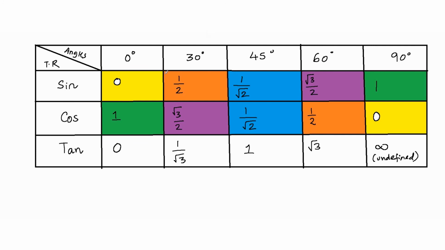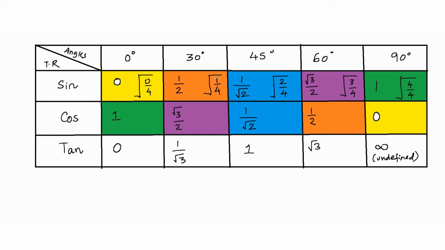So now, is there a way to remember sine and cos? Of course there is. There is a very nice technique that you can use. Imagine that you have square root of 0 by 4, square root of 1 by 4, square root of 2 by 4, square root of 3 by 4, and square root of 4 by 4. 0 by 4 is 0 and square root of 0 is 0.